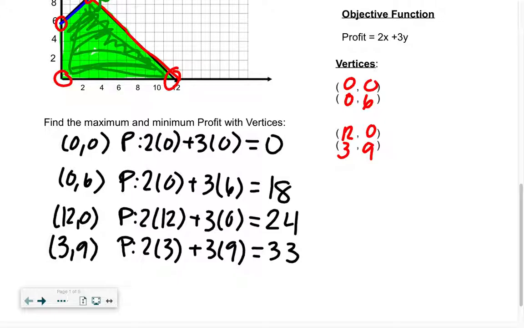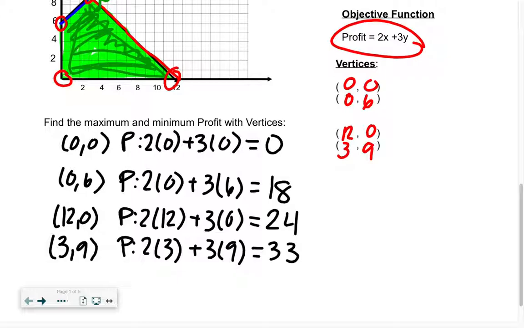Questions so far? Yep, where's this repetitive thing coming from? This thing right here. That's our profit equation. So once we have our vertices, you plug each of them into that profit one to find out where the maximum is.